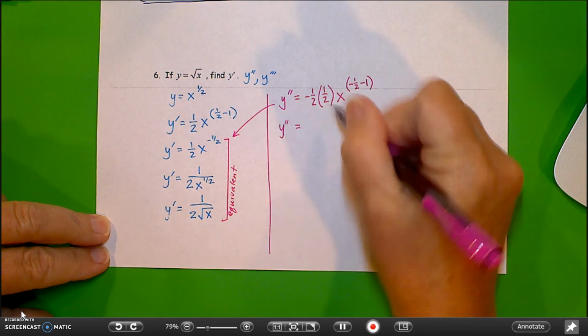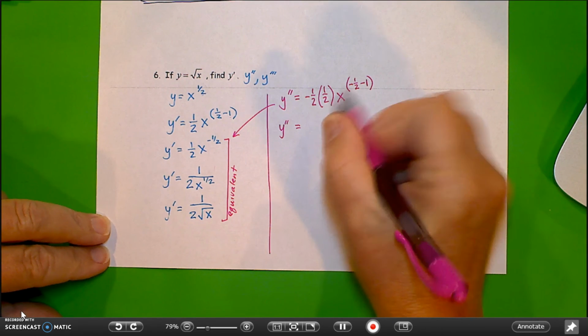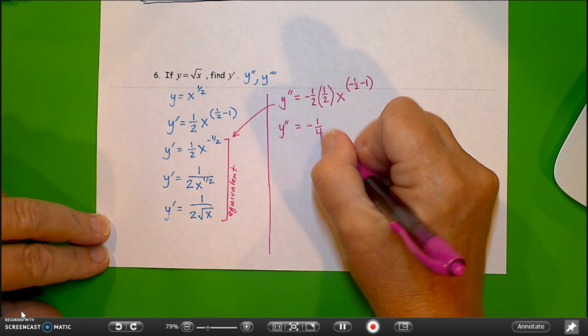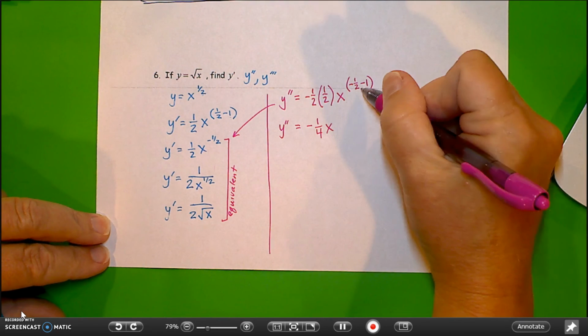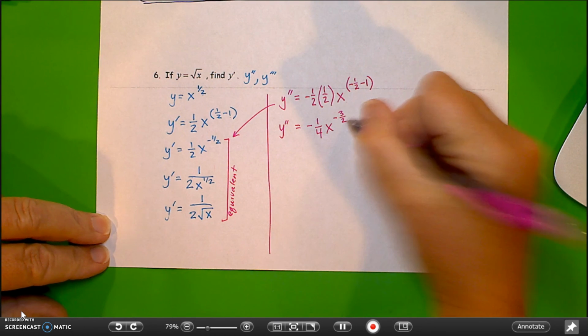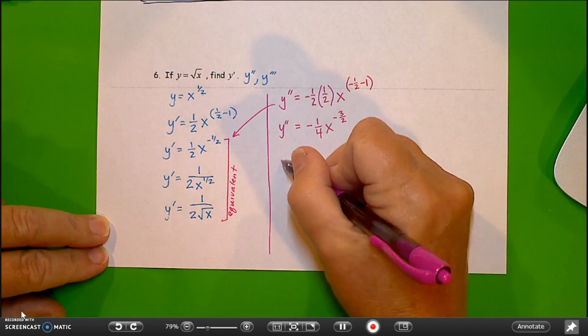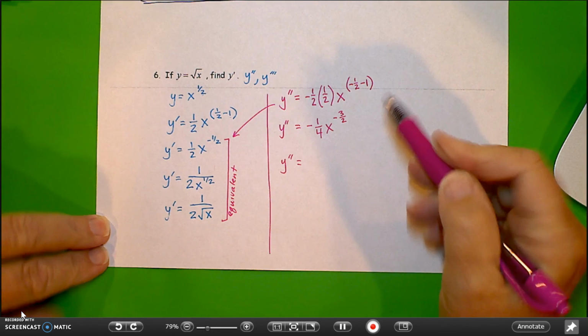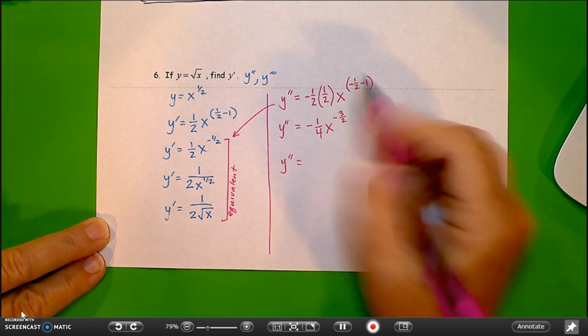So, what do I have here? The coefficient out in front is negative 1/4. There's my variable x, and my new power is negative 3/2. If I wanted to rewrite that, the numerator would just be negative 1.